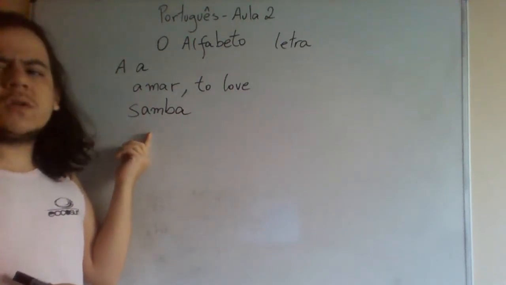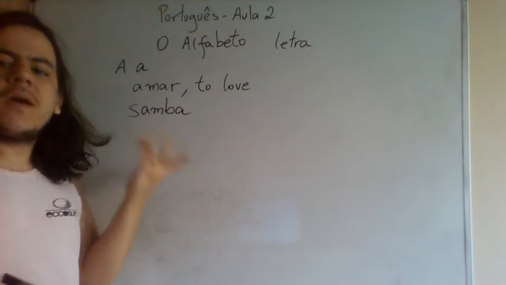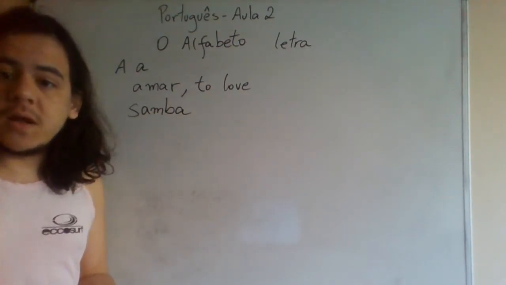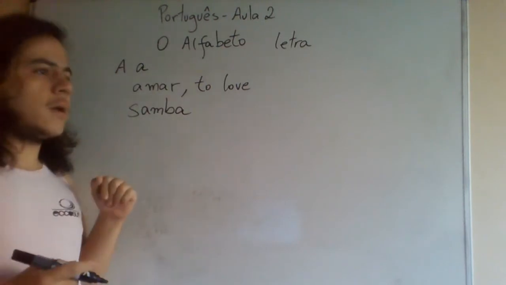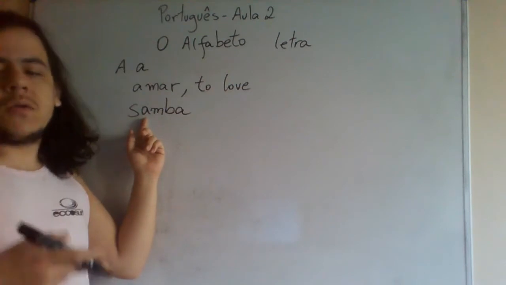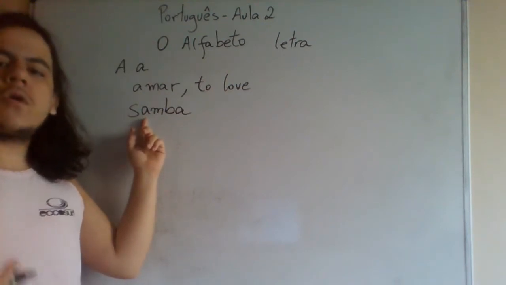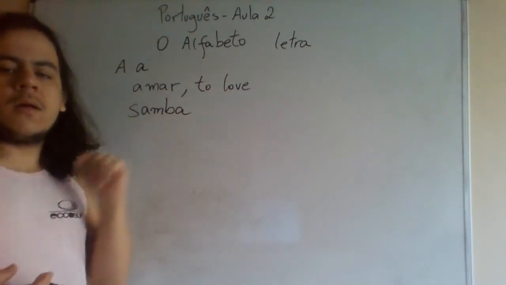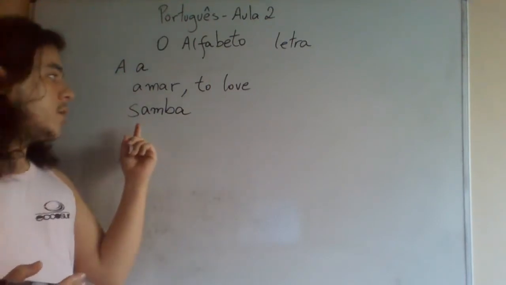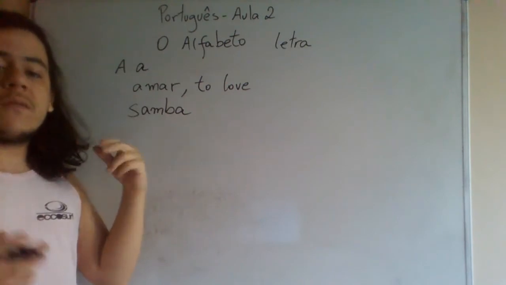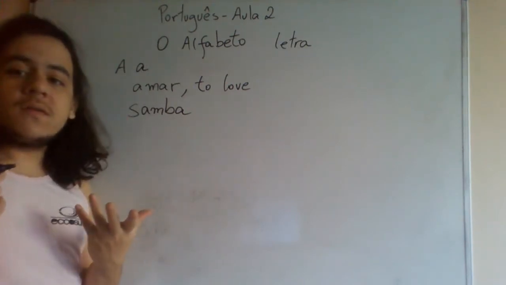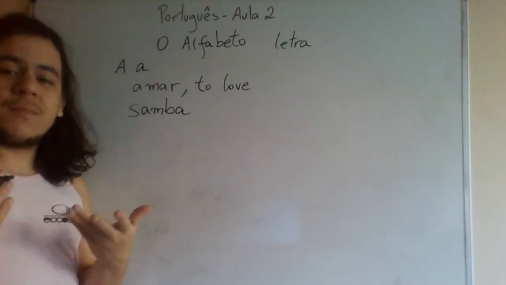Samba is a musical genre. It's very famous in Brazil, mainly in Rio de Janeiro, where I live. So here we have letra A before letter M, and they are in the same syllable. So letter A here has the nasal sound, samba. Can you notice the sound, samba?